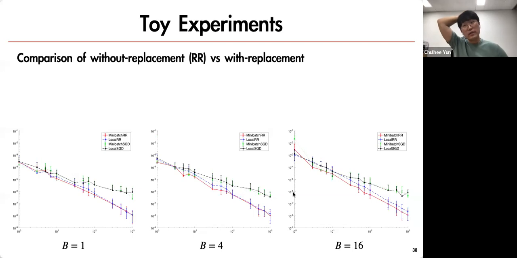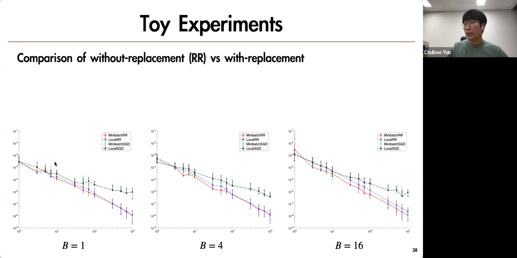The last set of results is a comparison of the without replacement versions and with replacement versions. Our prediction was that for small epochs, without replacement versions should perform similarly to with replacement versions, but for large epoch regimes, they should show better performance.